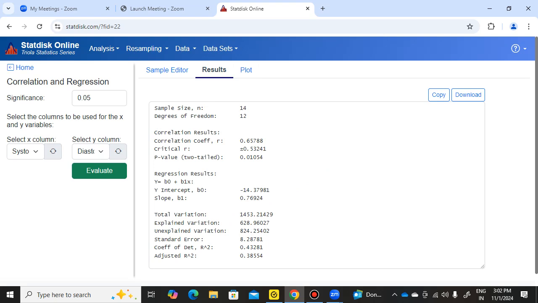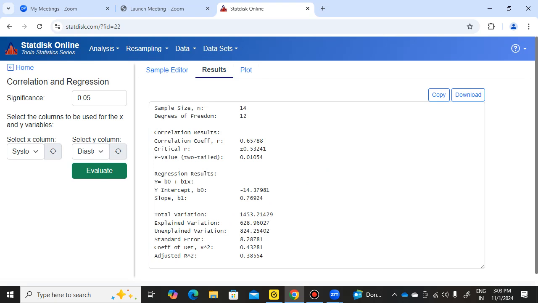So let's look. We have an R value of 0.658. And we're going to compare this. Since it's positive, we'll compare it to the positive side critical value of 0.532. And we have a p-value of 0.01.